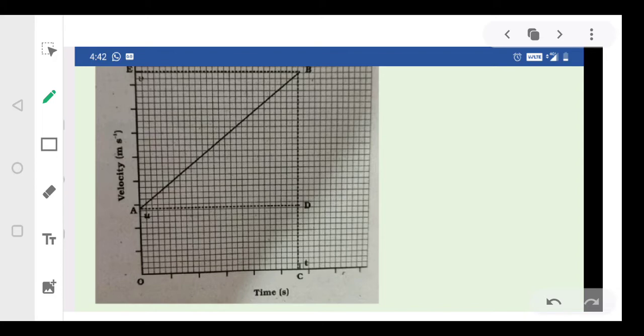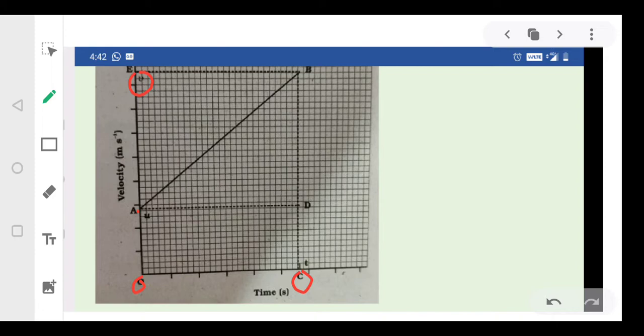Here, at time t is equal to 0, the body has acquired a velocity, which is also called initial velocity. We denote it by symbol u. At time t, the body has acquired a velocity v.